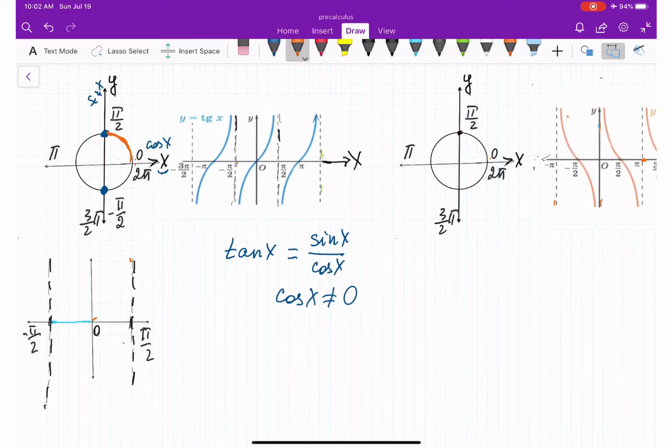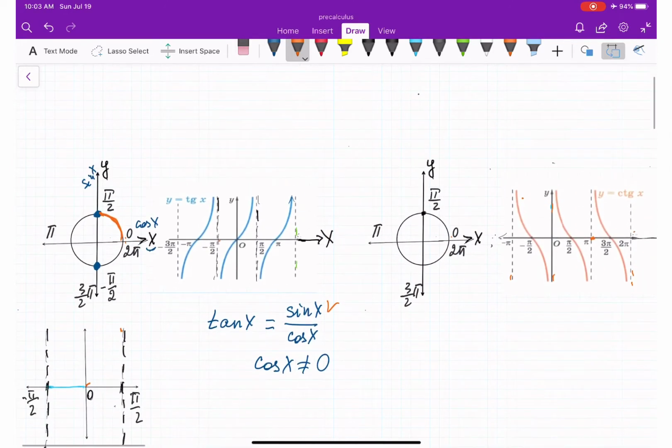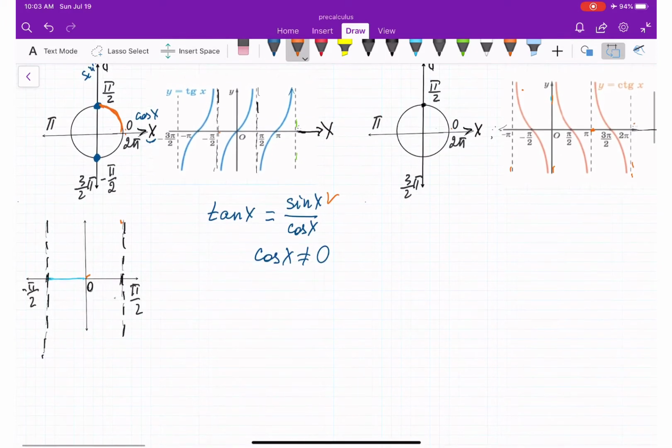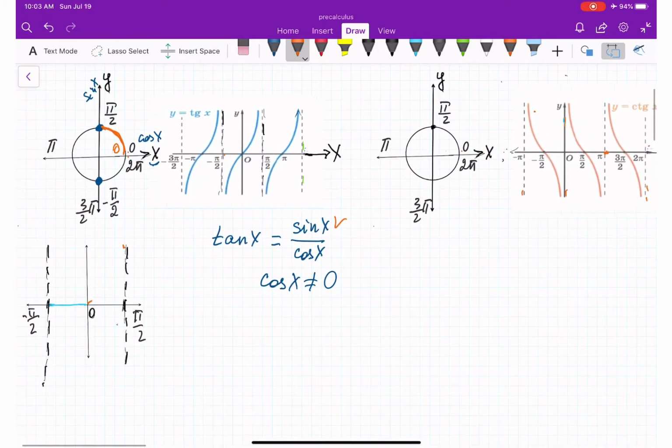From 0, because in the numerator we have sine x, so tangent is going to follow sine x. So at 0 degrees, sine x is 0, because our y is 0. At the point of half a pi, sine x is going to be 1, because y is equal to 1. So it's moving from 0 to 1, right?